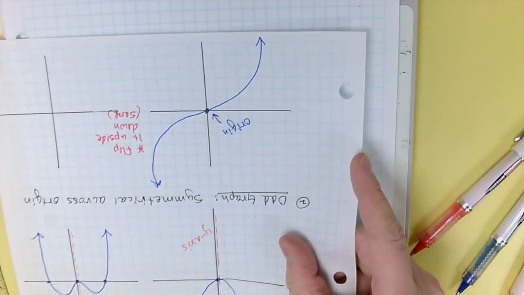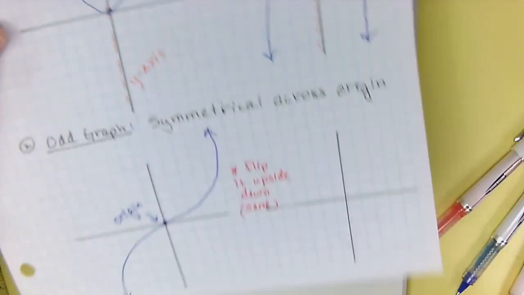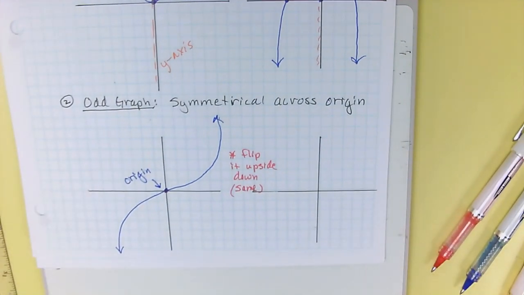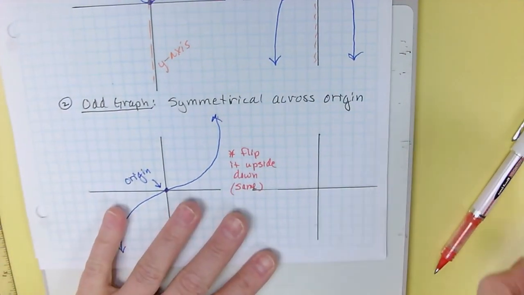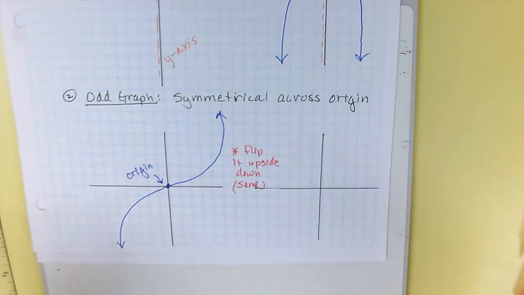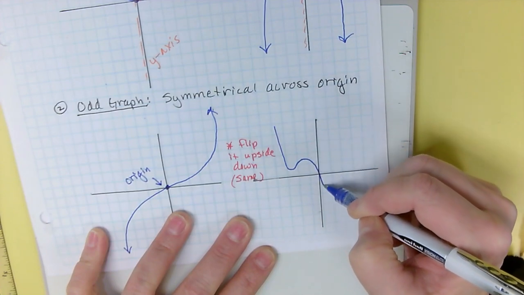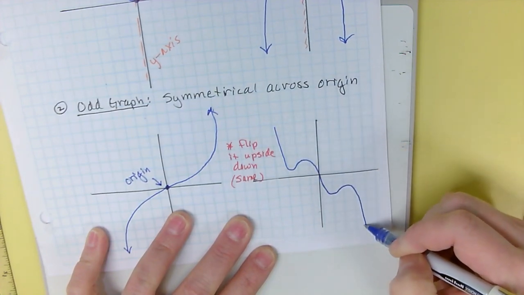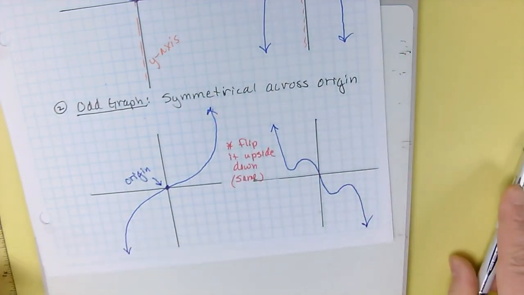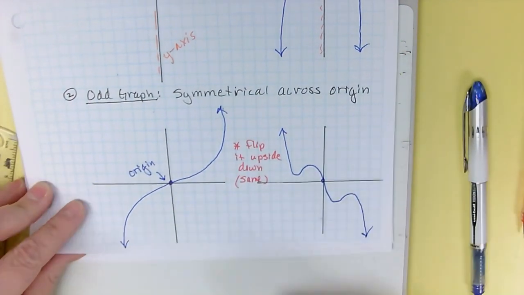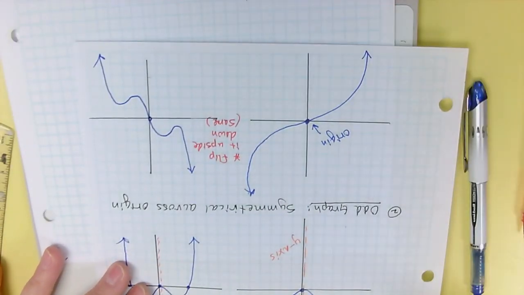If it looks exactly the same, then it has symmetry across the origin and it is an odd graph. More elaborate versions of odd graphs might have bumps in them, but your test is the same. If you can flip the graph upside down and it looks identical, then it is odd.